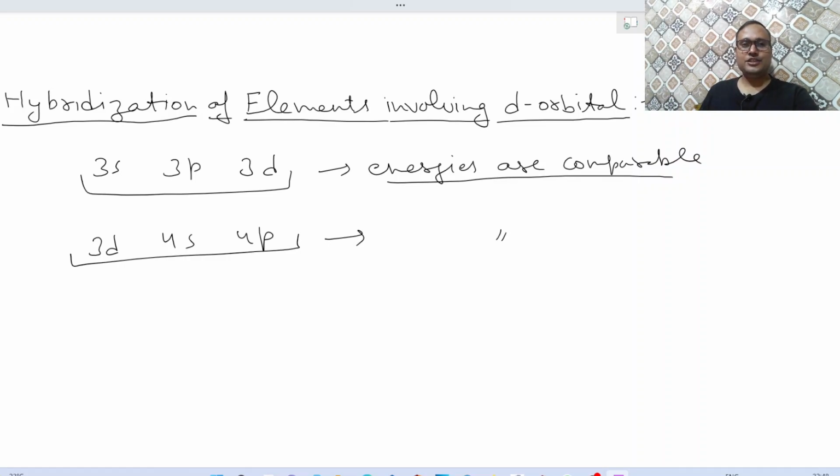But there is a huge difference in the energy of 3p and 4s orbitals.